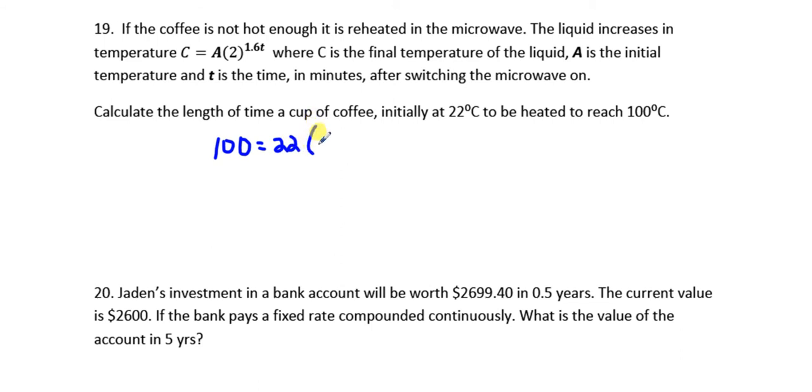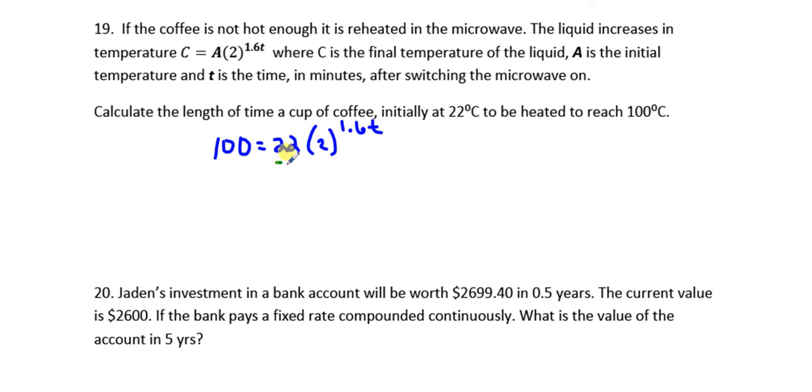times 2. Could graph this too and see where that intersects. Yeah, well, we could see where 22 times 2 to the 1.6 t actually hits 100. 1.6 t. And then divide by 22.